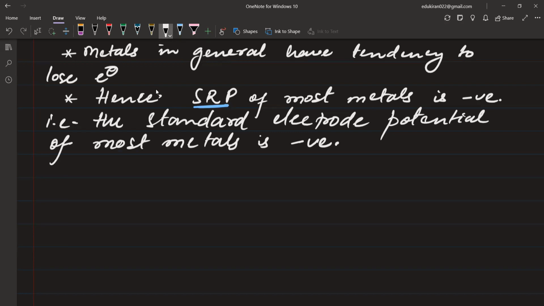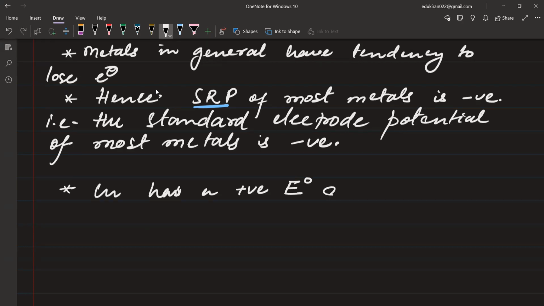Okay, but we know that copper is going to have positive E0, right? Copper has a positive E0. That means the standard reduction potential of copper is what?